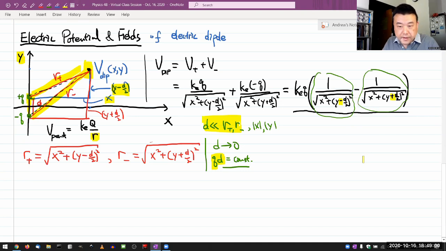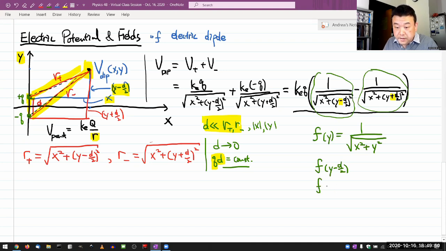And in fact, I can even write it down this way. Let me define a function f of y as 1 over square root of x squared plus y squared. So that's a function I'm defining. And I can express what is here as f of y minus d over 2 and define what's in the second term as f of y plus d over 2.